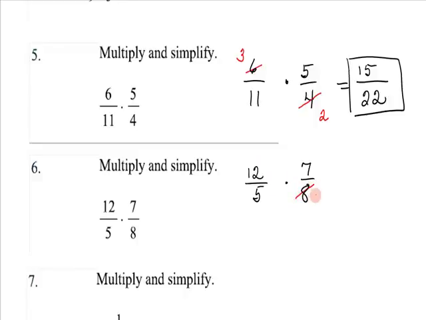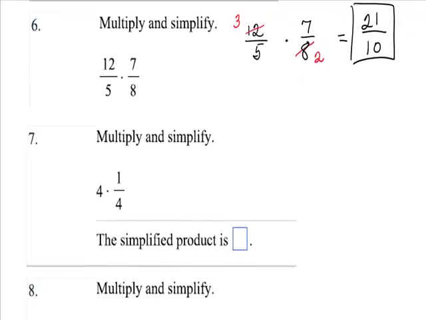So 4 goes into 8 2 times, and 4 goes into 12 3 times. 5 and 7 have nothing in common. 3 and 5, nothing. 7 and 2, nothing. So I'll multiply what I get. 3 times 7 is 21, and 5 times 2 is 10. 21/10. I am leaving these as improper fractions when need be.